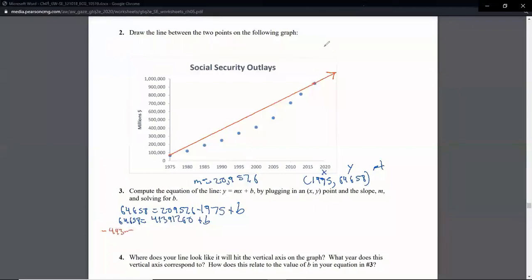It's a terrible looking one. 413 dot dot dot minus 413 dot dot dot. Just saving myself some space. And then if we subtract 64658 minus that 413,912.60. Hold on, I just typed it in my calculator.